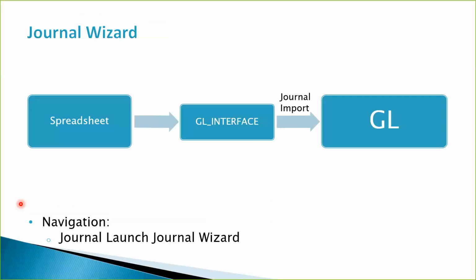So we know all about the sources for journals. They can come from external modules, okay? External Oracle application modules such as AP, AR, assets.